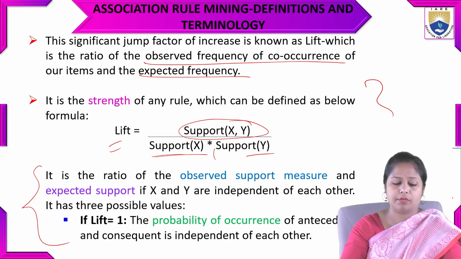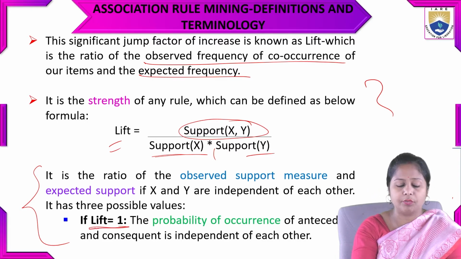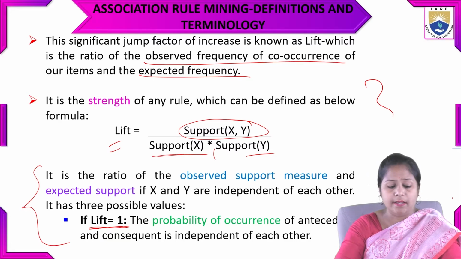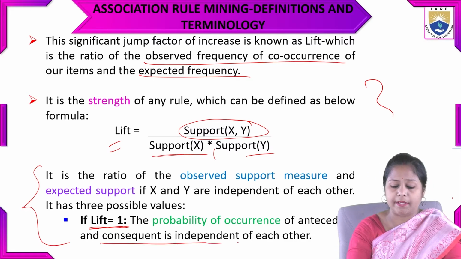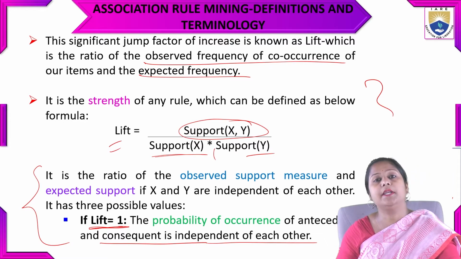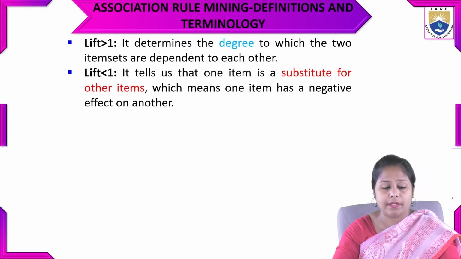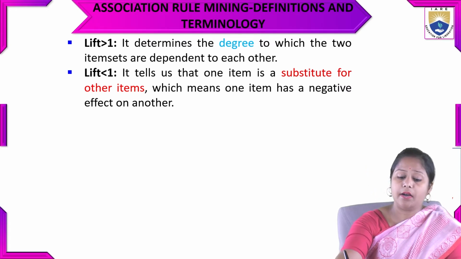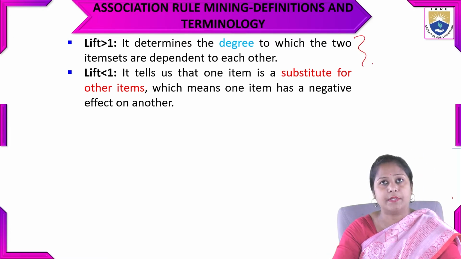If lift is equal to 1, the probability of occurrence of antecedent and consequent is independent of each other. If lift is greater than 1, it determines the degree to which the two item sets are dependent on each other.